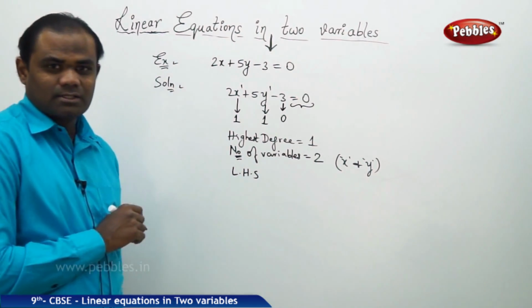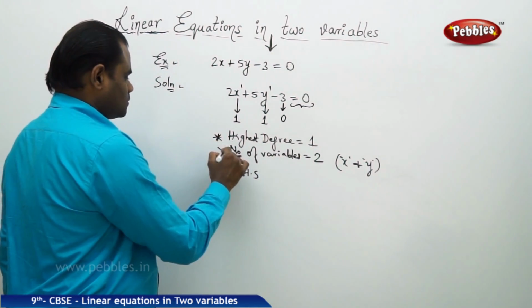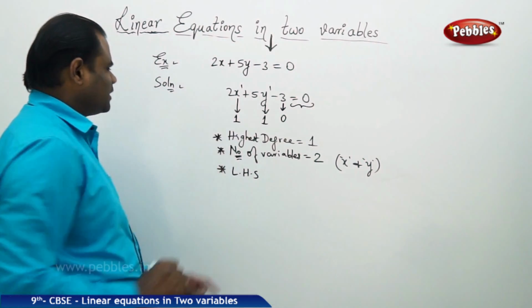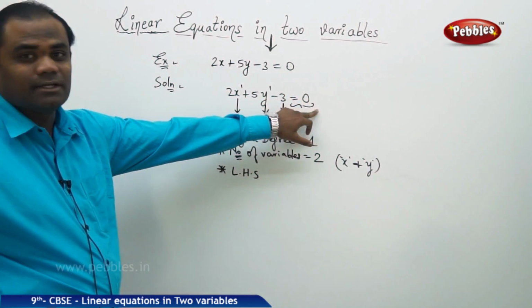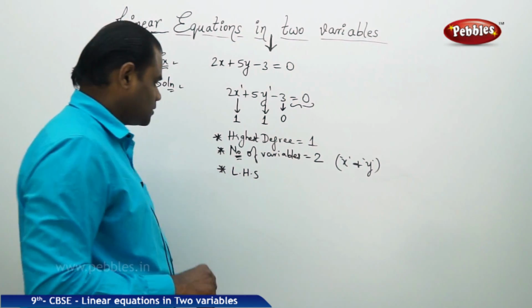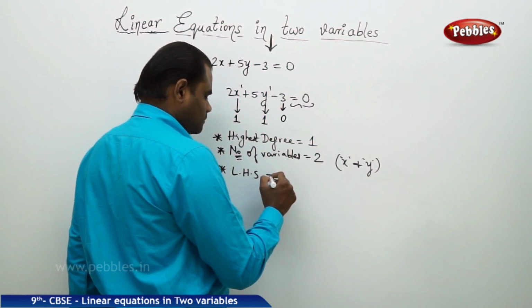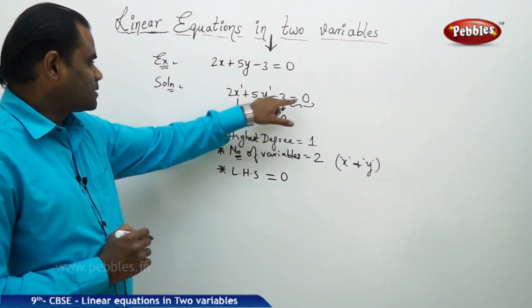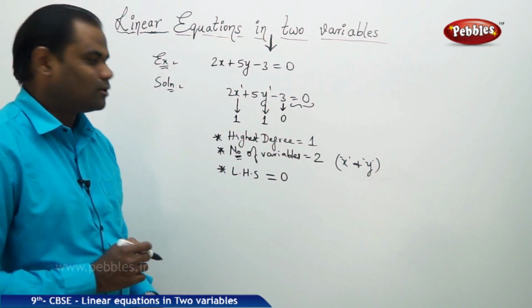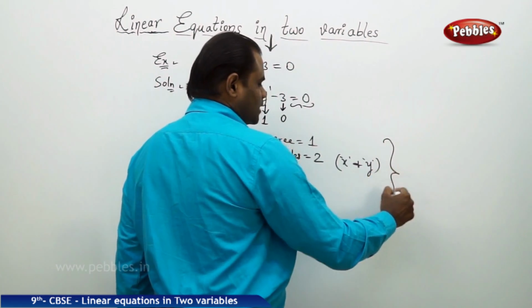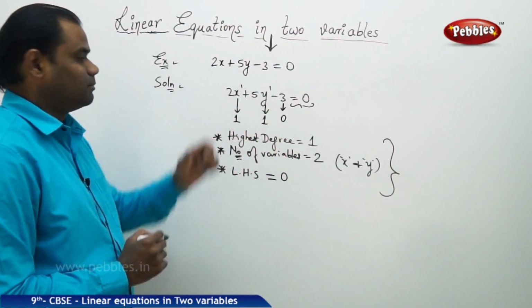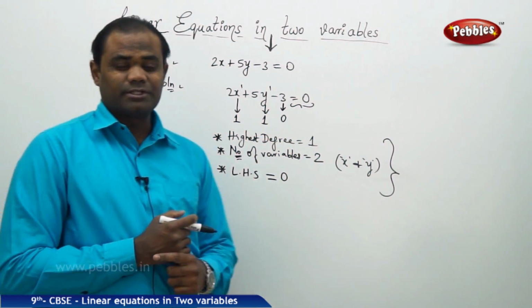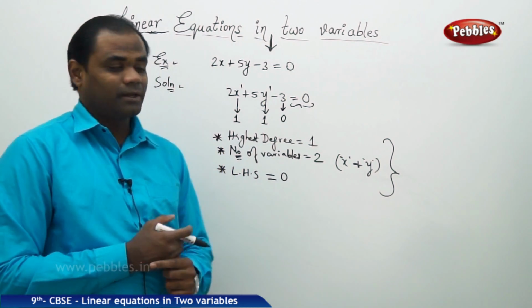Rule 3 is that the left hand side of the polynomial is equated, or can be equated, to 0. So the left hand side is equated to 0. Therefore, on these three conditions, I can say that the given problem is a linear equation in two variables x and y.